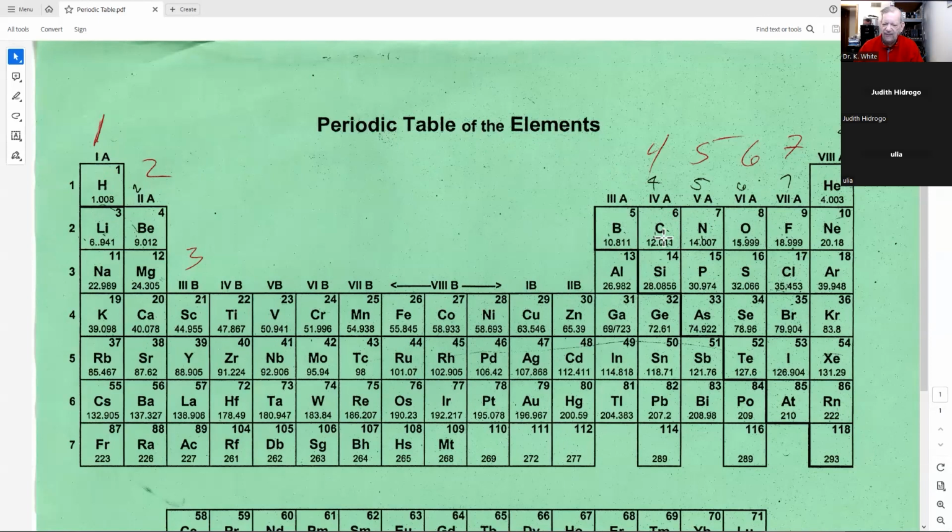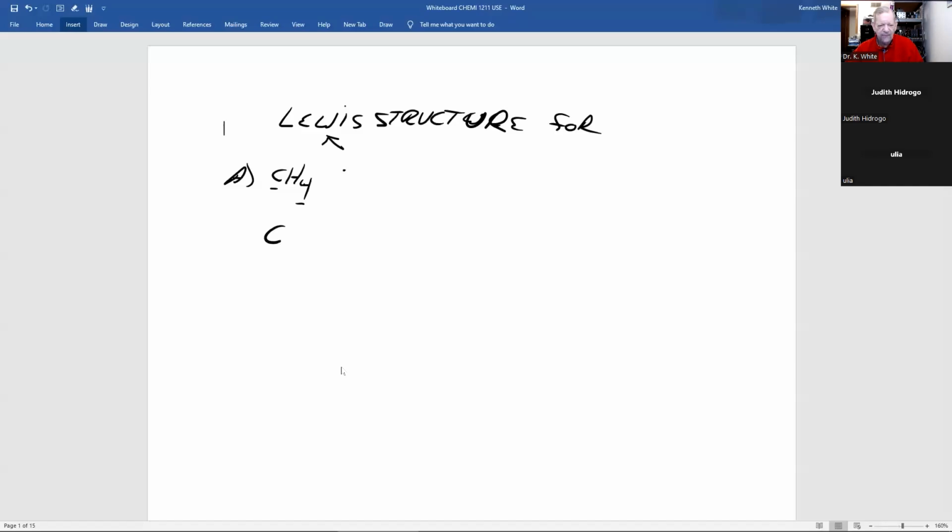If we look at carbon, on the top, it has 4 valence electrons. So carbon has 4 valence electrons. Got ahead of myself. Hydrogen has 1 valence electron. But remember, there are 4 of them.